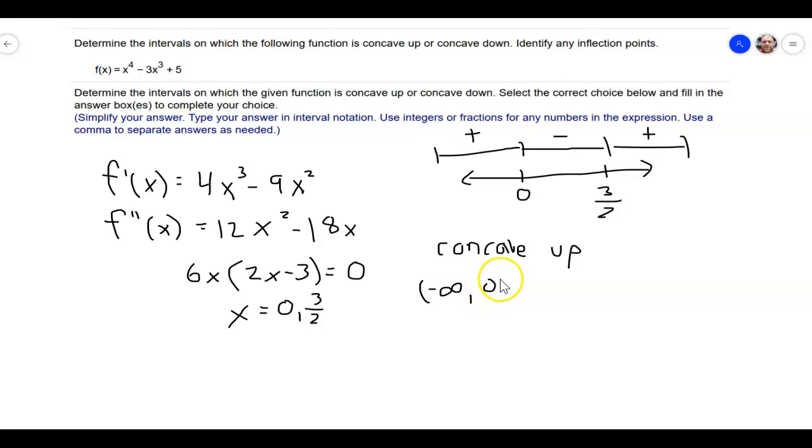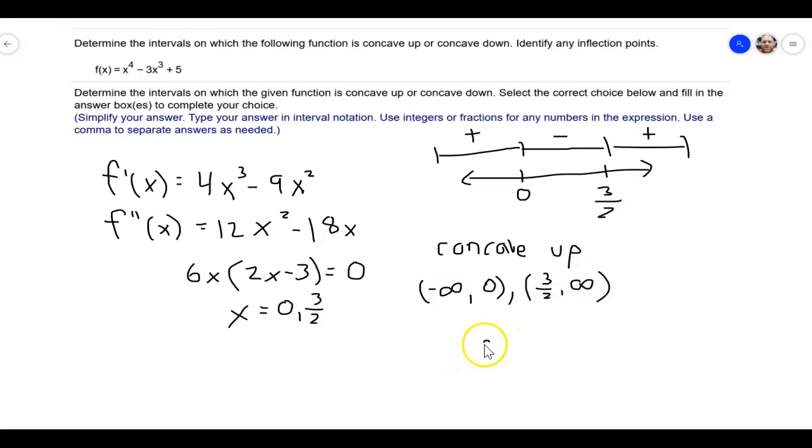We don't include the endpoints when we're talking about either concavity or increasing or decreasing. Then comma, and we have this interval as well: 3/2 to positive infinity. It's also concave up.